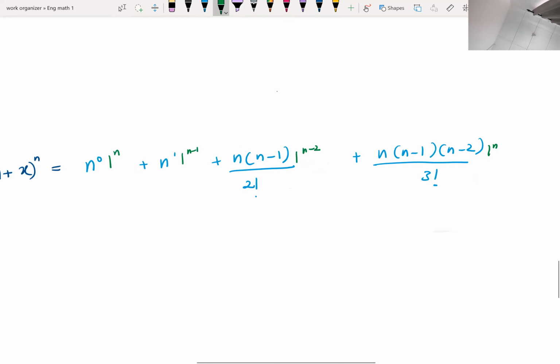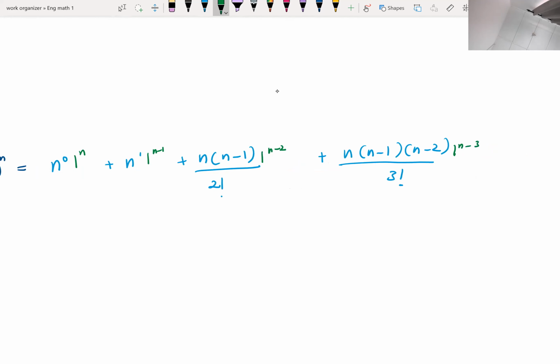Again, as it is 1, it doesn't affect much what power it is up to.